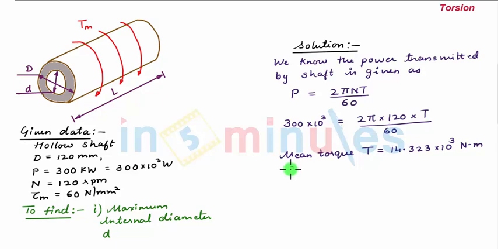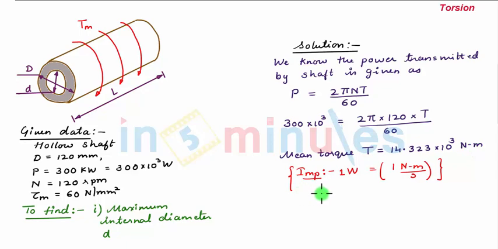One important point to be noted: in this formula of power, the T found out will always be in Newton meter, since the unit of power is watts, which is nothing but 1 Newton meter per second. So it is important to convert this torque from Newton meter to Newton mm.